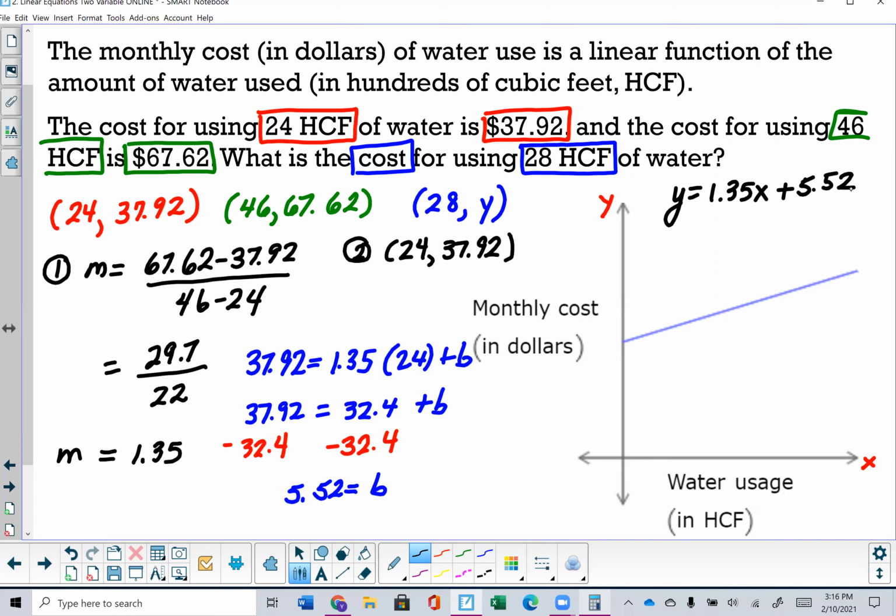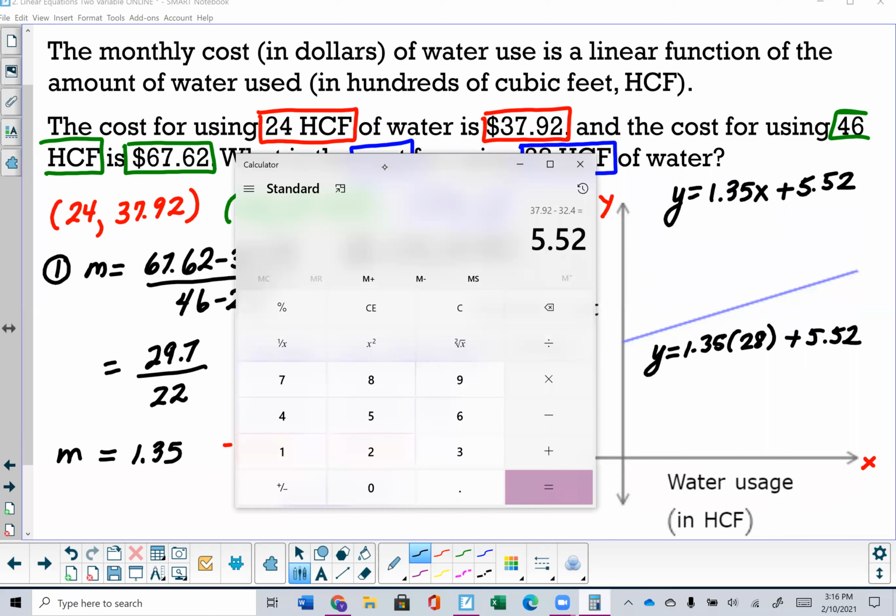So now to answer the question, it's really like making a prediction. If x is 28, then what is the cost? Okay, so let's do that. y equals 1.35 times 28 plus 5.52. All right, let's do that.